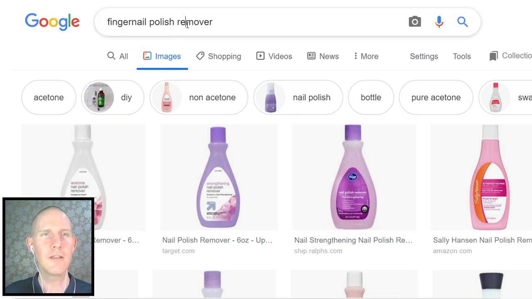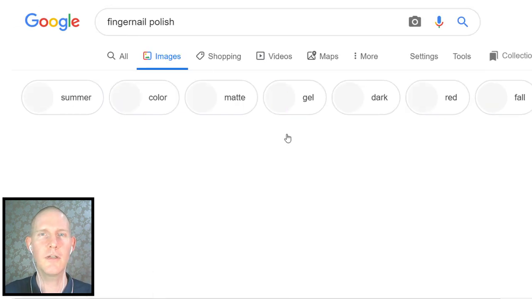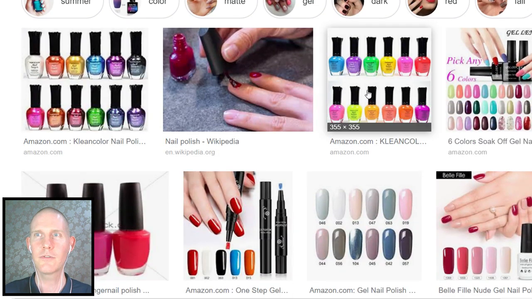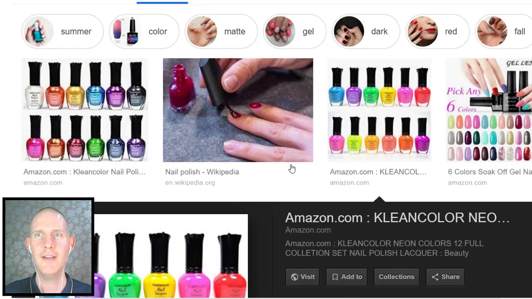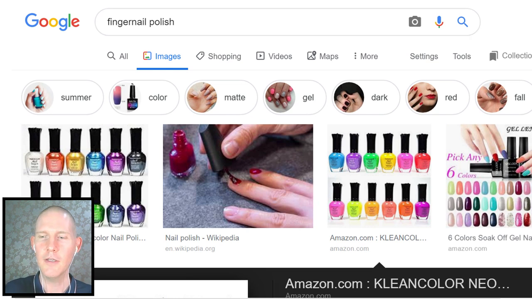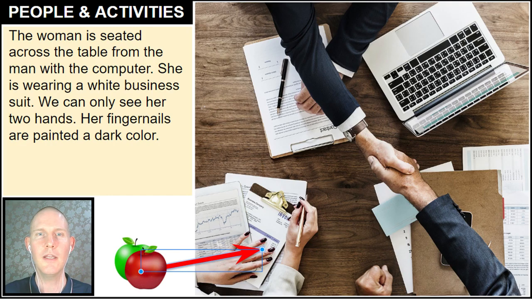Either way, this is fingernail polish, and it comes in all sorts of shades and colors. How nice. For this meeting, this lady chose a dark fingernail polish. It looks almost black. Maybe it matches her suit or her boots.